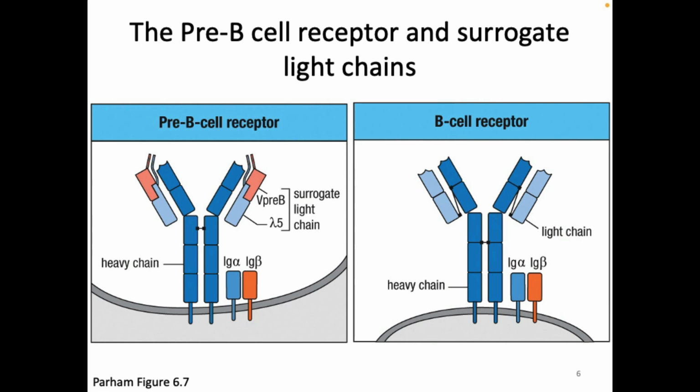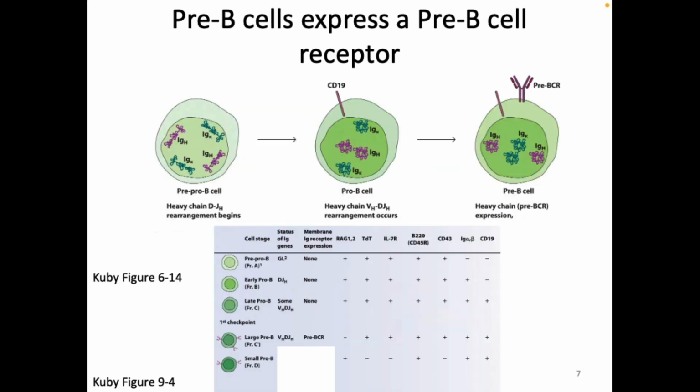And the something else that it qualifies as is called the pre-B cell. So the pre-B cell has the pre-B cell receptor. And so now when we have the pre-B cell receptor on the surface of the cell, we call this the pre-B cell.